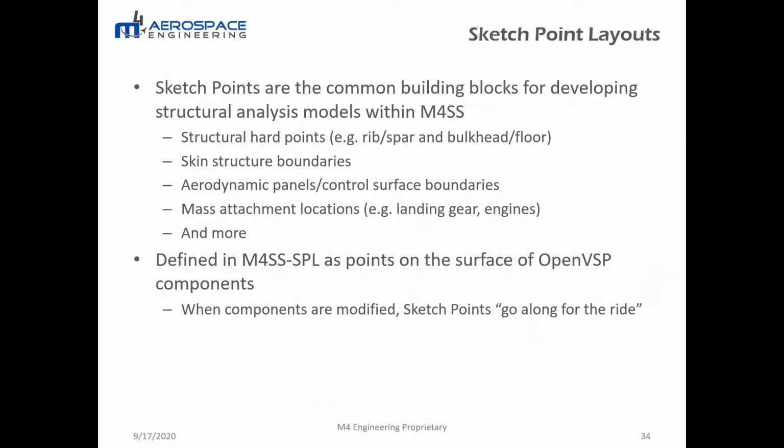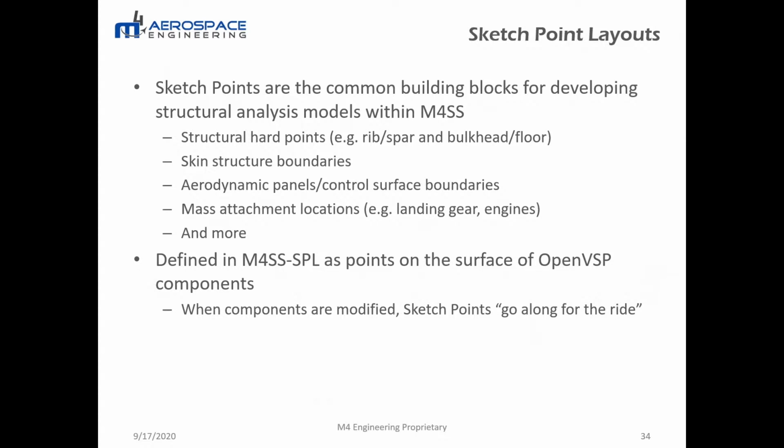The sketch points themselves are the core of any model in Structure Studio, as we consider them the common building blocks of the model. Basically, all spatial, structural, and aerodynamic elements within Structure Studio are defined with the use of sketch points. I'll get into how they're used exactly in the sketch module of Structure Studio, but I've listed a couple of examples here.